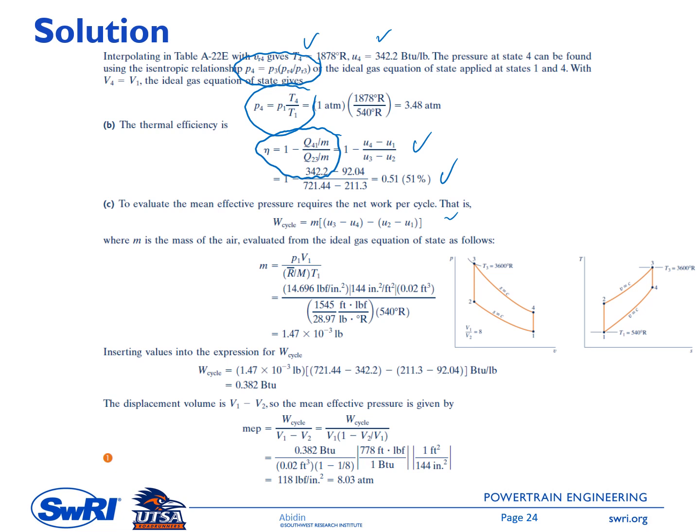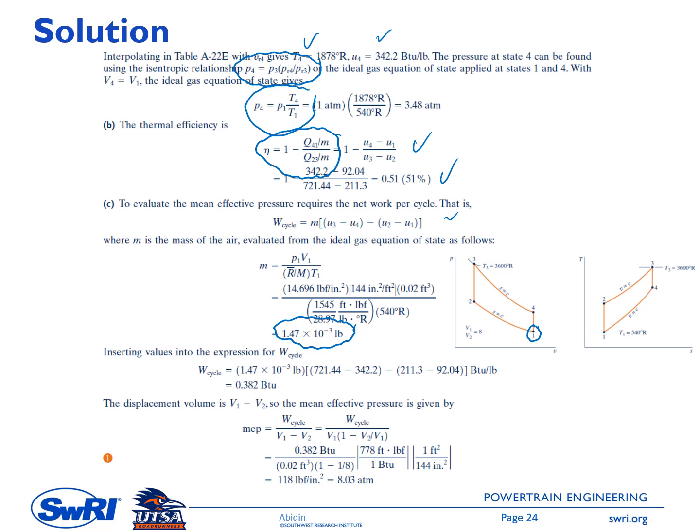Mass is not given here, so we need to calculate the mass inside the engine. We can use the ideal gas law here to calculate the mass. So pressure is given, temperature is given, volume is given, and R here is just R0 over M, or R bar over M. So we have all the numbers here, we should be able to get the mass inside the engine.